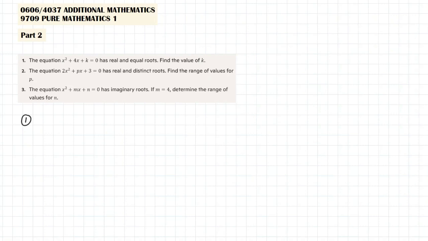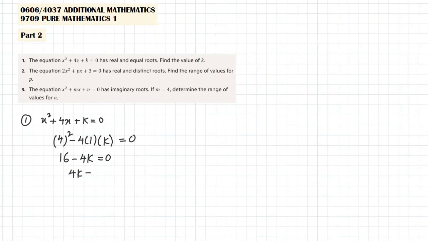Problem 1. The equation x squared plus 4x plus k equals 0 has real and equal roots. So we know that real and equal roots means that the discriminant must be equal to 0. So b squared minus 4ac, put it equal to 0. 16 minus 4k equals 0.